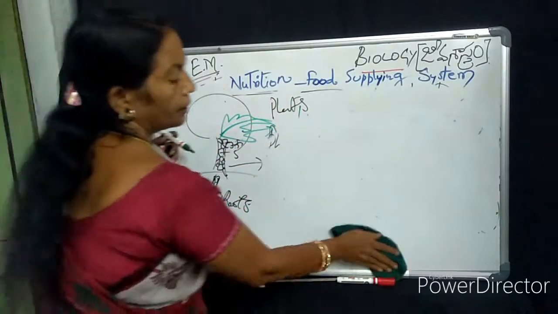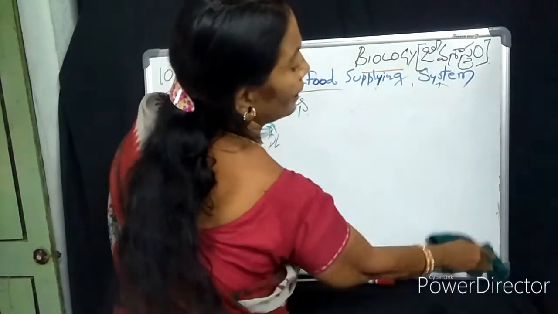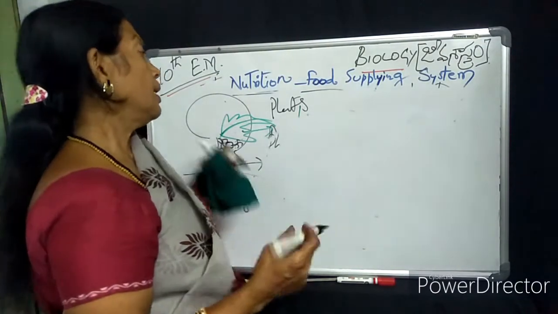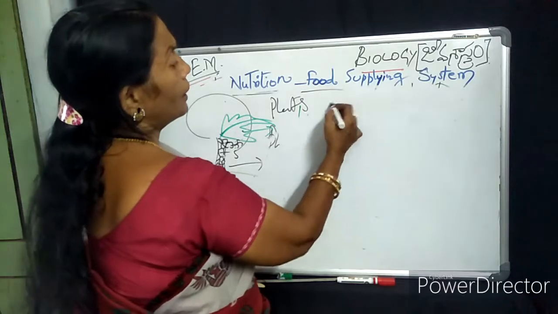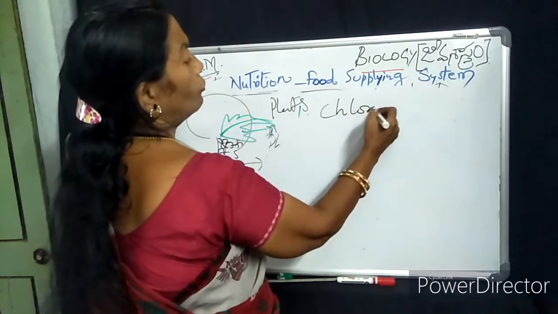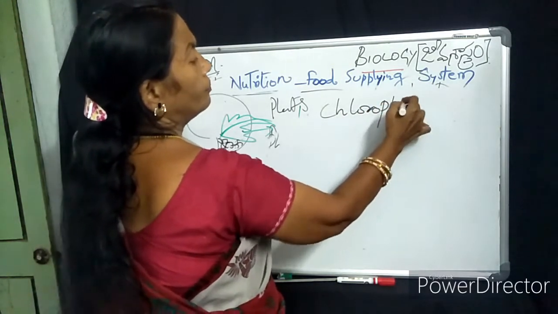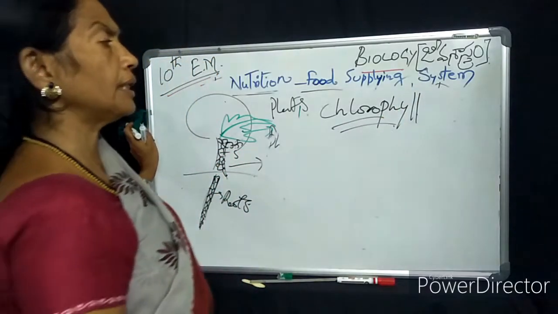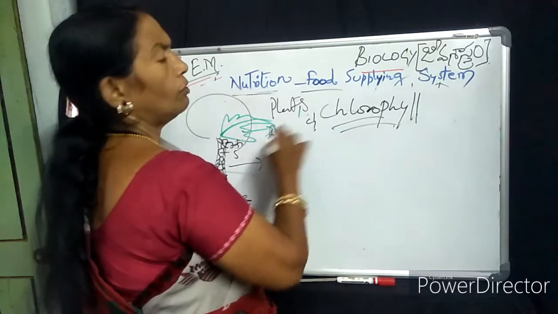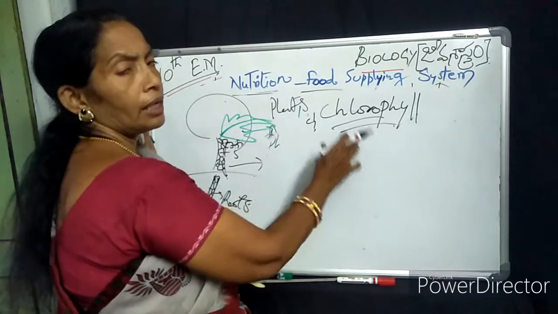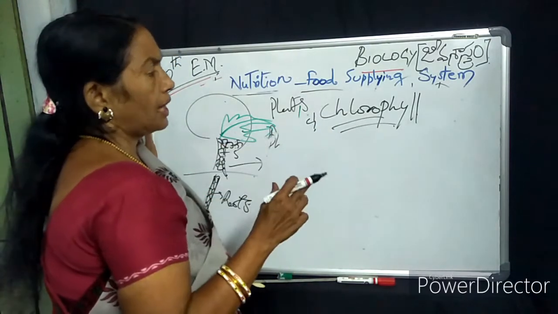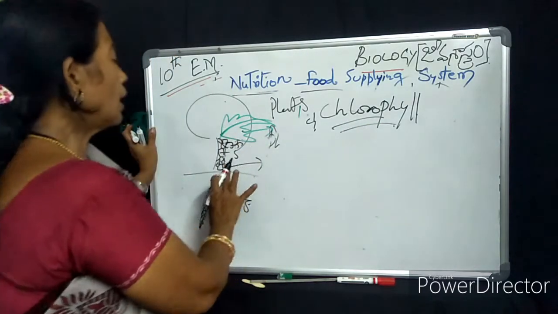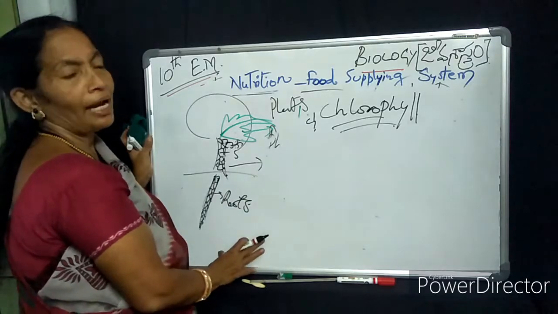First, many scientists thought that chlorophyll, the first and foremost important factor to synthesize food in green plants, would be in the whole body of the plant.